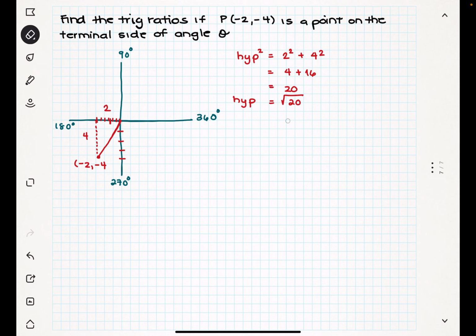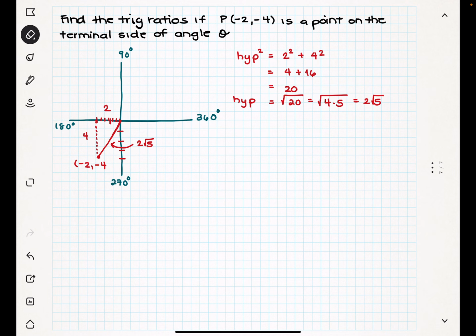And the square root of 20, although it doesn't have an exact value, we can simplify it as 4 times 5. So it's 2 square root of 5, because the 4 does have an exact square root. So that is the value that we're going to work with for the hypotenuse, 2 square root of 5.